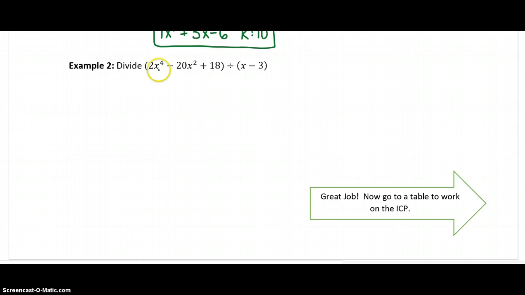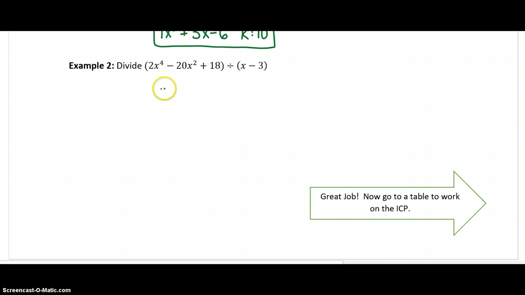So, divide 2x to the fourth minus 20x squared plus 18 divided by x minus 3. So once again, before we do anything, let's check if we're missing any terms. Alright, I started with an x to the fourth. That means I should have an x to the third, an x squared, an x, and then a constant. Well, looking at this here, I know I jumped from an x to the fourth to an x squared.